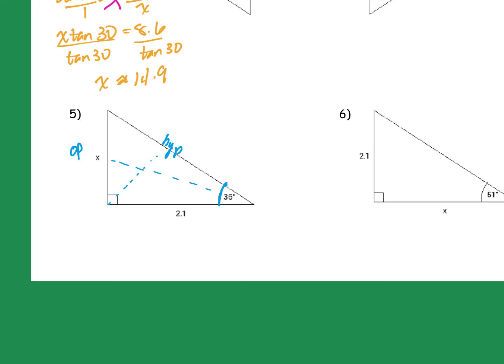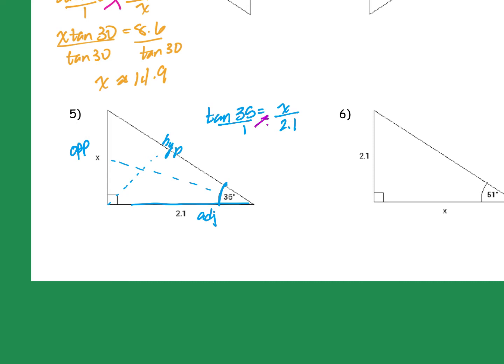Here's my side opposite. And the side adjacent makes the angle. So let's see, what do I have? I have tangent of 35 equals x over 2.1.